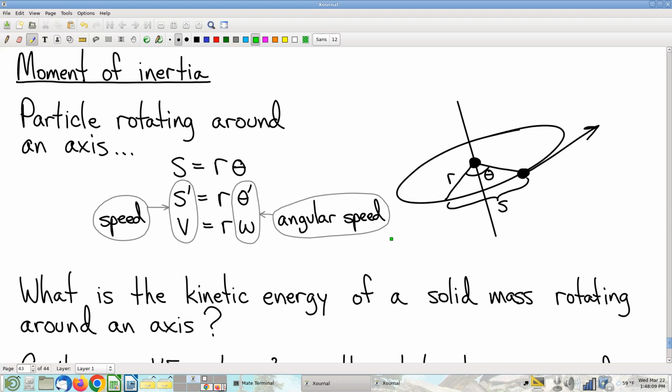So what I want to consider now, a related question, is suppose I have a big solid like this, and this solid is rotating around this axis, the same axis that defines the circle there. Great big lumpy solid rotating around that axis. How would I compute kinetic energy for this movement?